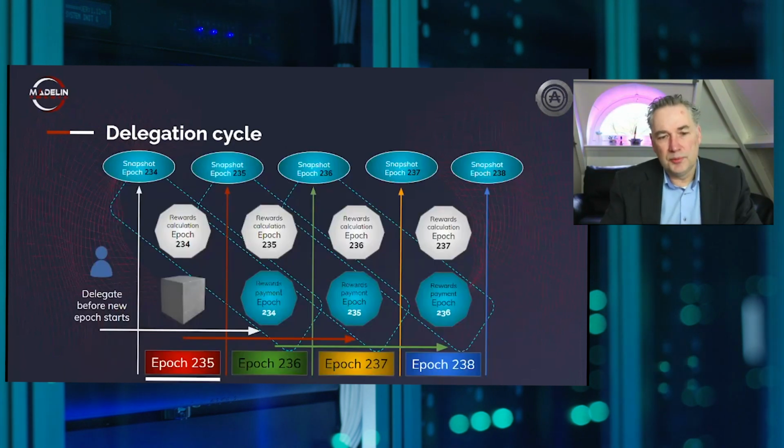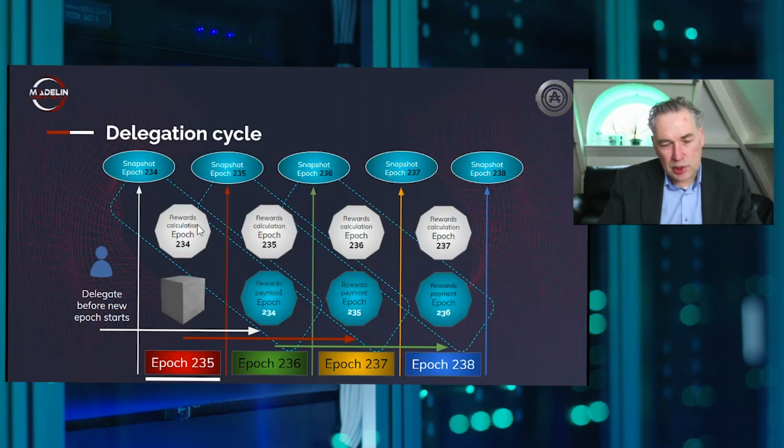Next to this process, we have the delegation cycle, or when the delegator starts delegating. That needs to be done at the start of an epoch. And when that is done, at the end of the epoch, a snapshot is being taken. And on basis of that snapshot, in the following epoch, a reward calculation is done.